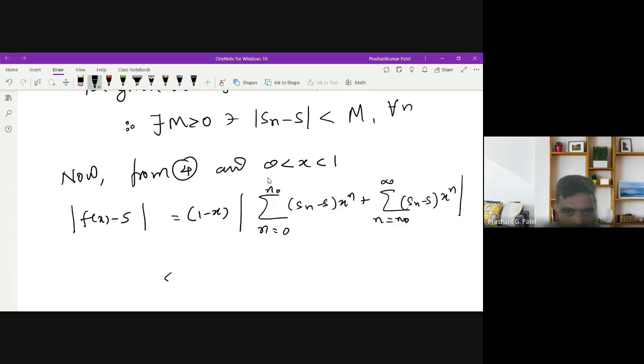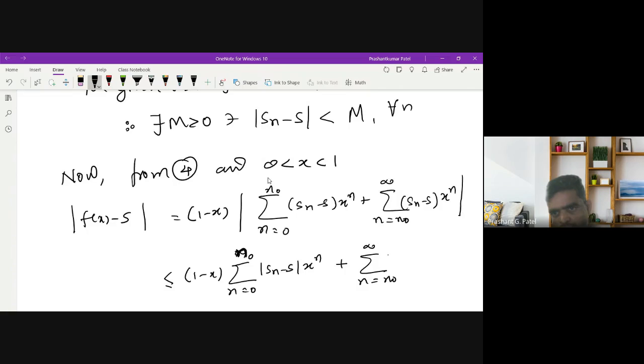And then by triangle inequality, this 1 minus x as it is, summation n running from 0 to n0, mod of (Sn minus S) x to the power n, not n0 to infinity, it is n0, plus n0 to infinity, mod of (Sn minus S) x to the power n.